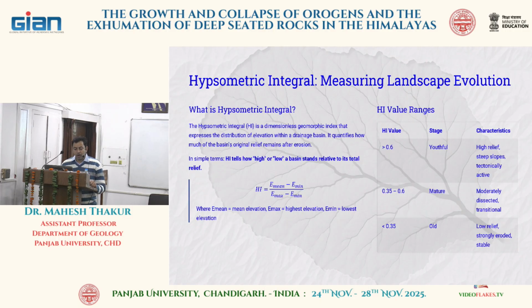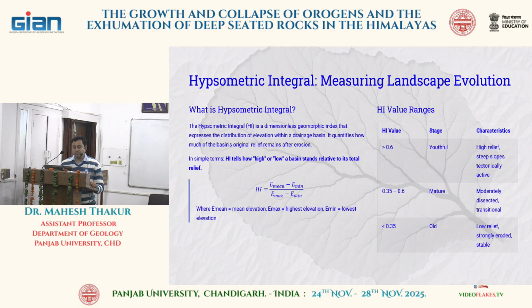It quantifies how much of the basin's original relief remains after erosion. In simple terms, HI tells how high or low a basin stands relative to its total relief, where E mean is equal to mean elevation, E max is the highest elevation, E minimum is the lowest elevation.